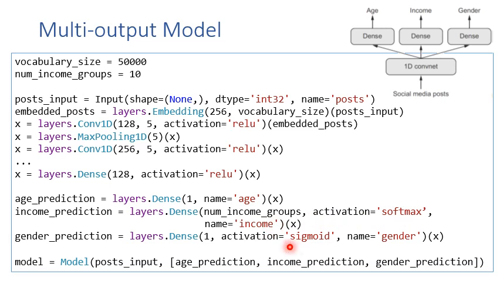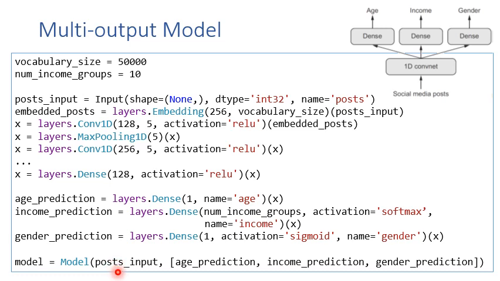And then the final one, the gender, is binary classification. Here we only define 2 genders. So the activation function is the sigmoid function. Okay, so we can use the same convolutional neural network to extract features and use them for different problems.